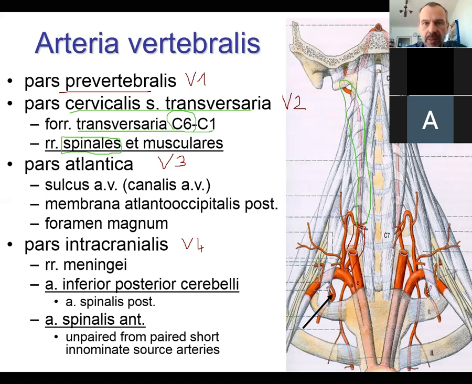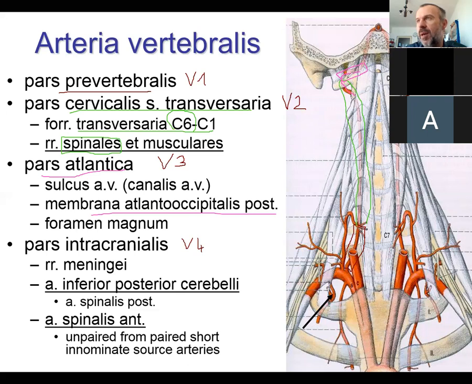Then it comes to atlas. As you can see, it's making such a curve around the atlas, and it's lying on the posterior atlantic arch. So we have the atlantic part, which runs through C1, and from that it has to pierce the posterior atlanto-occipital membrane and gets in.